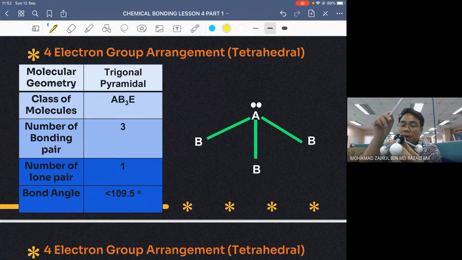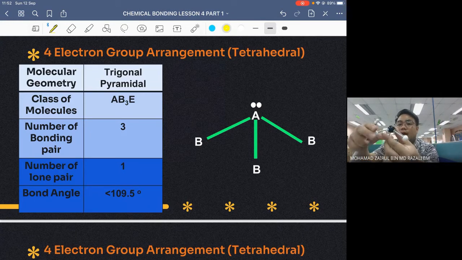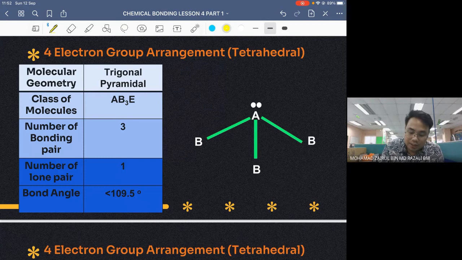So we know that based on the VSEPR theory, lone pair bonding pair repulsion is stronger than bonding pair repulsion. So dia akan reduce the bond angle dan dia akan menghasilkan satu lagi bentuk yang baru. Kita panggil dia sebagai trigonal pyramidal.